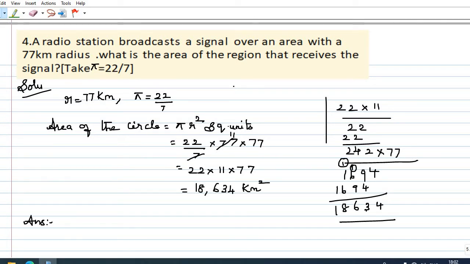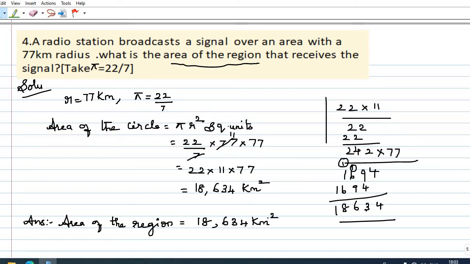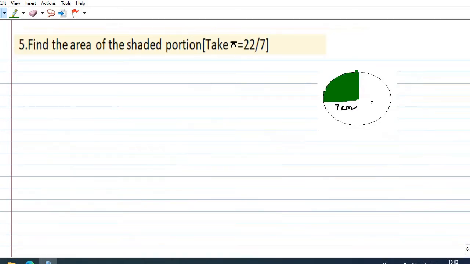They are asking the area of the region. So write that area of the region is equal to 18,634 kilometer square. Shall we move on to the next sum children?